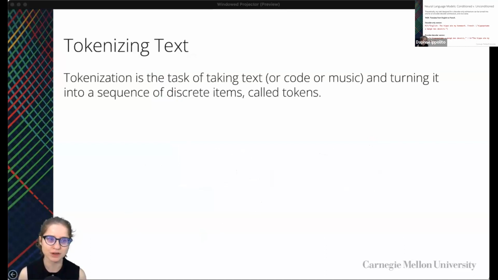I've been using the words token and word interchangeably, but ultimately we need a system that takes text and turns it into a sequence of discrete tokens. This is called tokenization. Tokenization is just the task of taking text or code or music or whatever you want to represent and turning it into a sequence of discrete items, which we'll call tokens.